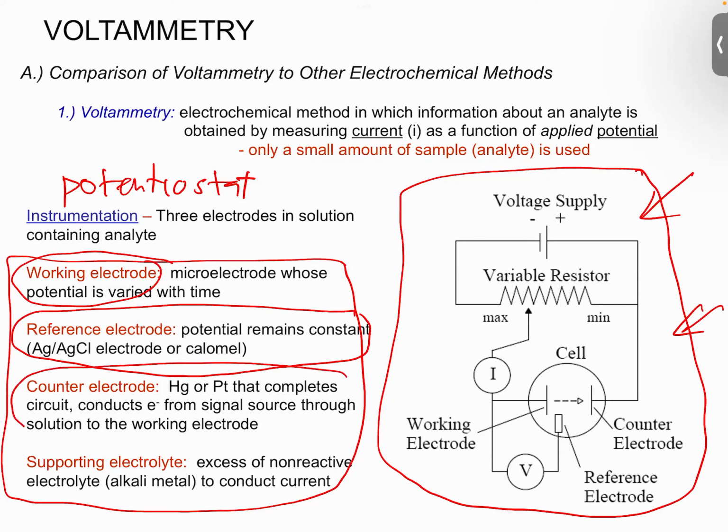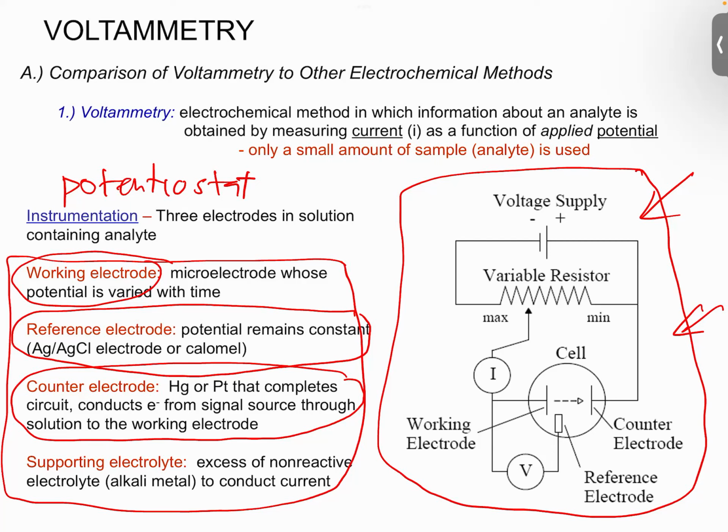And the counter electrode, sometimes platinum, or as I showed you just now, it can also be carbon, conducts electrons from the signal source, meaning from the working electrode, to complete the circuit. Actually, it's easier if we understand it as completing the circuit.